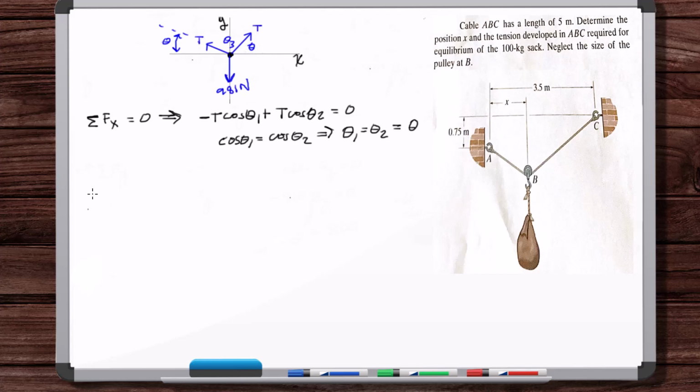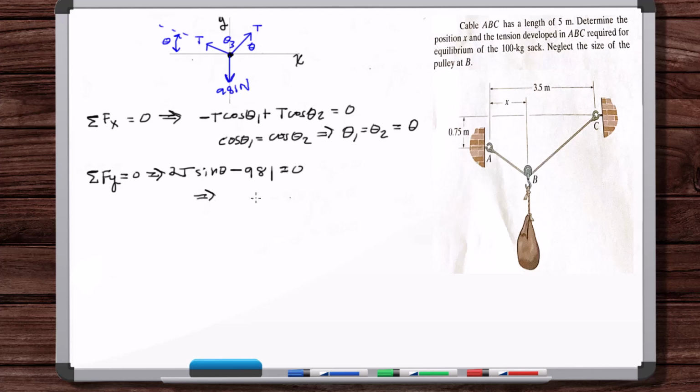So now let's sum the forces in the Y. So T sine theta plus T sine theta, so this is going to be 2T sine theta, right? Minus 981 is equal to 0.